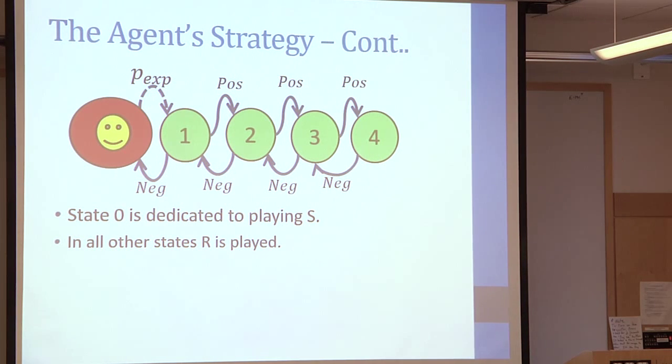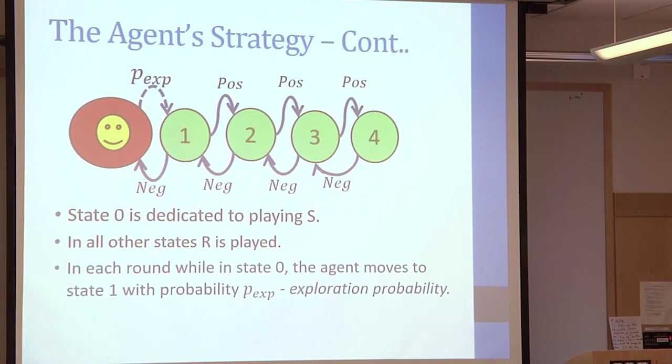And this is how it's going to behave. In state 0, it's going to play safe. In all other states, it's going to play risky. Okay? And when he's in state 0, with some small probability he's going to move to state 1 and play risky.